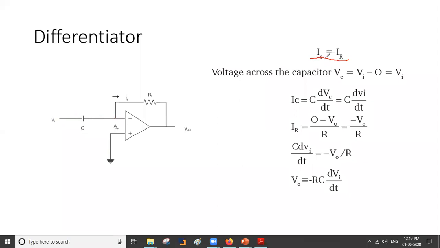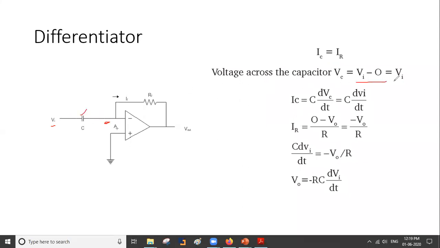Now we have to find first IC, the input current, the current flowing through the capacitor. Here it is Vi and here 0. So Vi minus 0, that is Vi, is the voltage across this capacitor.